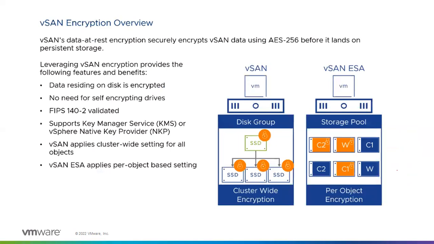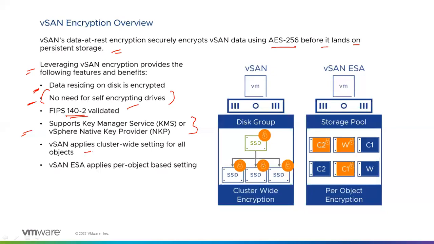So next is encryption. Here vSAN data at rest is securely encrypted using AES before it lands on persistent, meaning permanent, storage. Leveraging vSAN encryption, it provides the feature, so decide whether the disk is encrypted. No need for a self-encrypting drive. FIPS 140-2 is my encryption standard. It supports KMS, both features, like the native key provider or an external KMS.